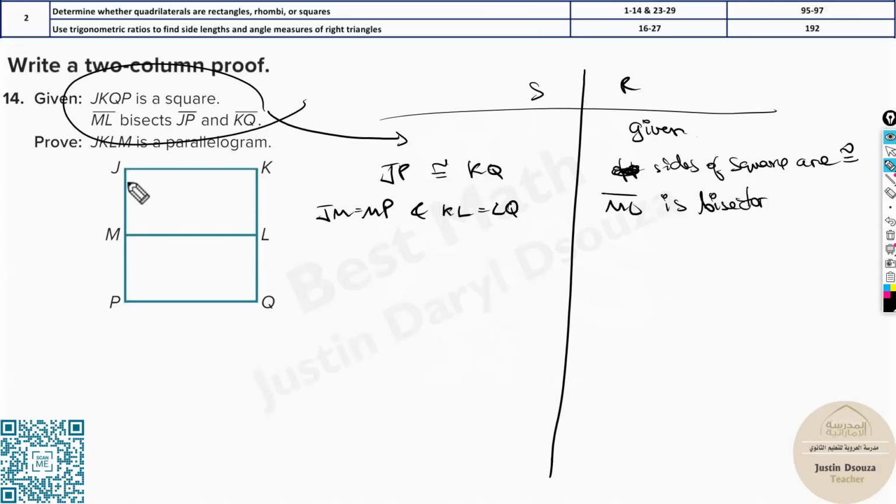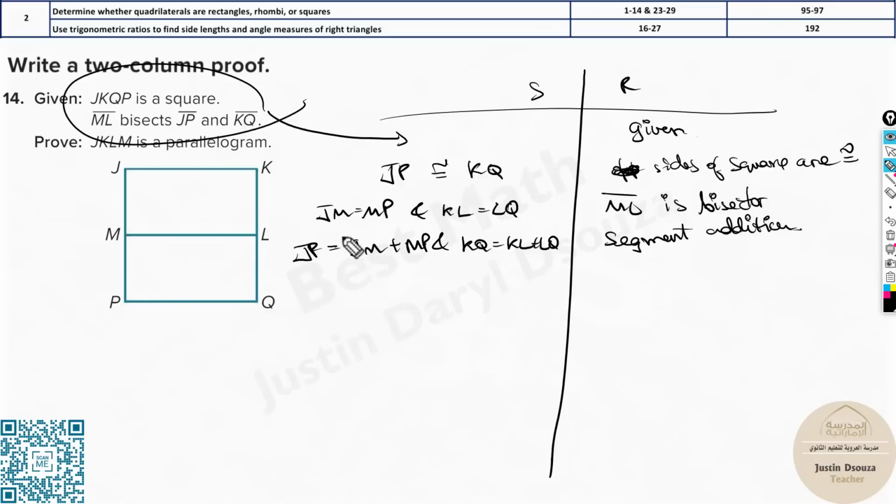Now over here, what is JP exactly? JP is equal to JM plus MP. And KQ is KL plus LQ. This is by the segment addition postulate. Okay, this much is done. What next?